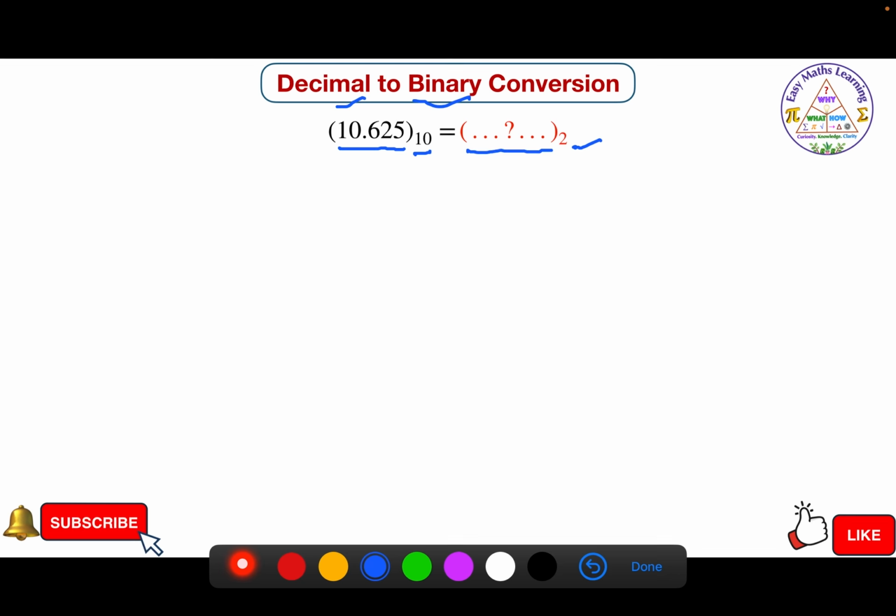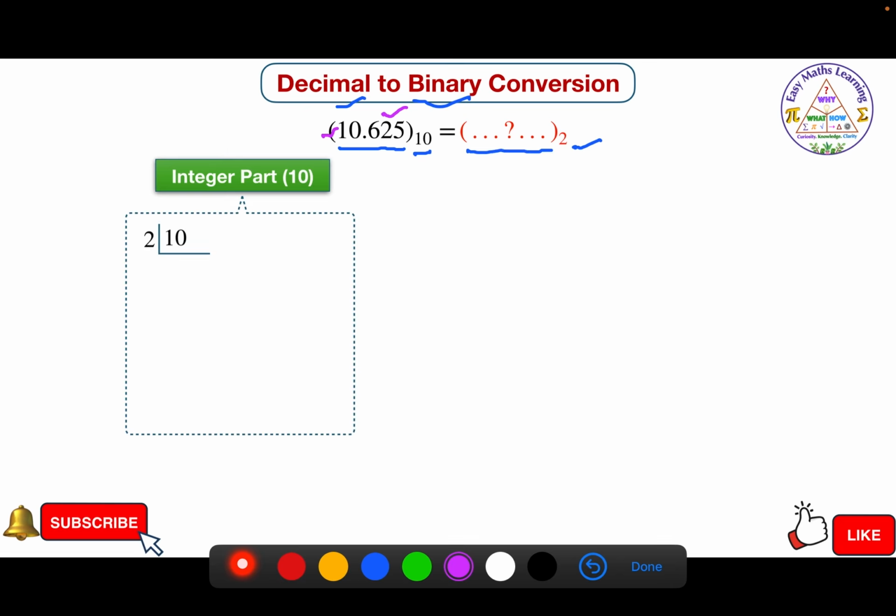So this decimal number has two parts. One is integer part, which is 10, and fractional part, which is 0.625. So we convert these two parts separately. So for integer part conversion, we use the method that is repeated division by 2.